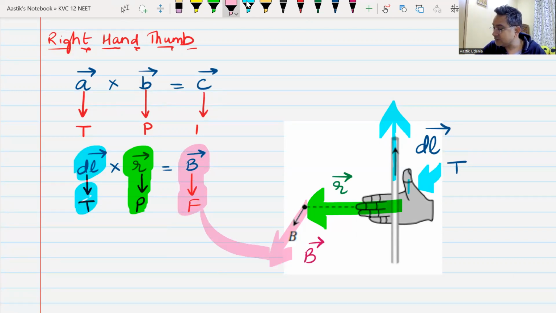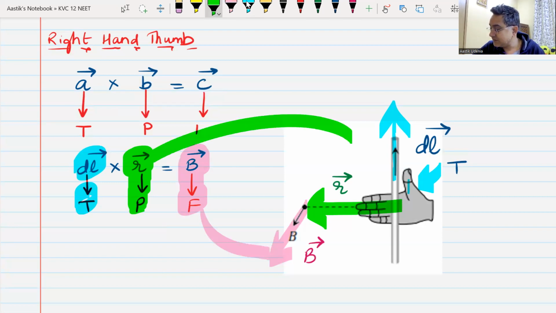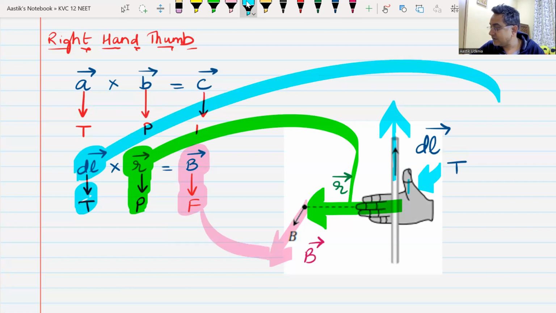That is how you find the direction of the magnetic field from the right hand thumb rule using the direction of current, where the point is, and the magnetic field: dl, r, dl cross r.